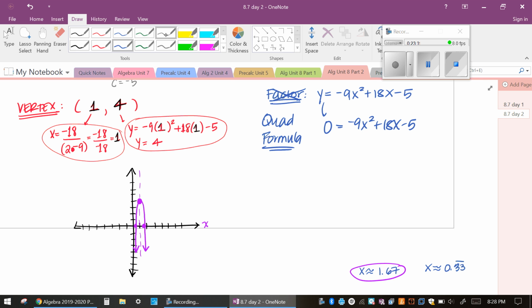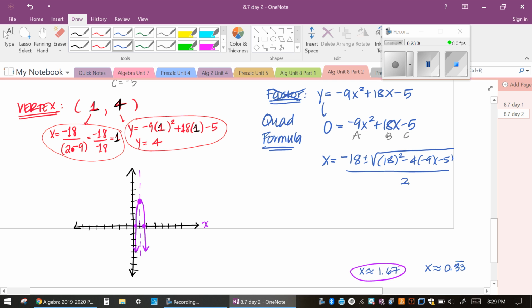And you're going to label your a, b, and c. And then you're going to go ahead and start setting up. X equals the opposite of b plus or minus the square root of b squared minus 4ac, all divided by 2a. Clean it up.